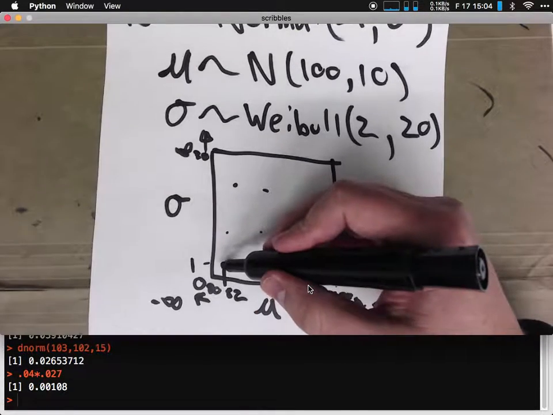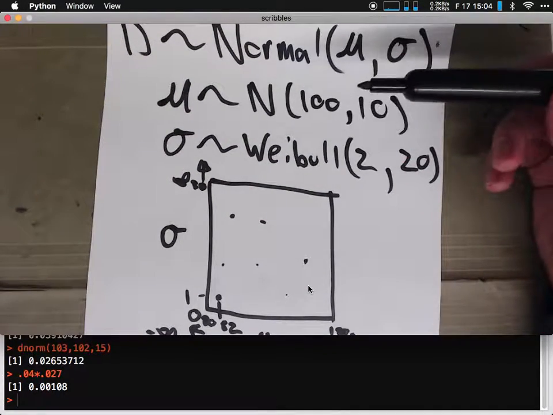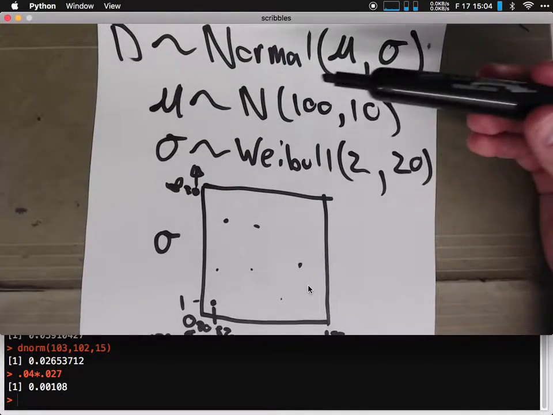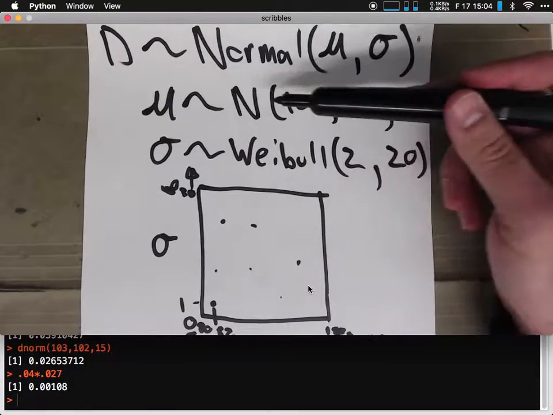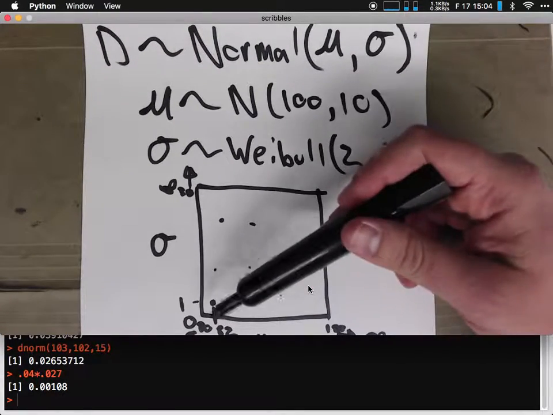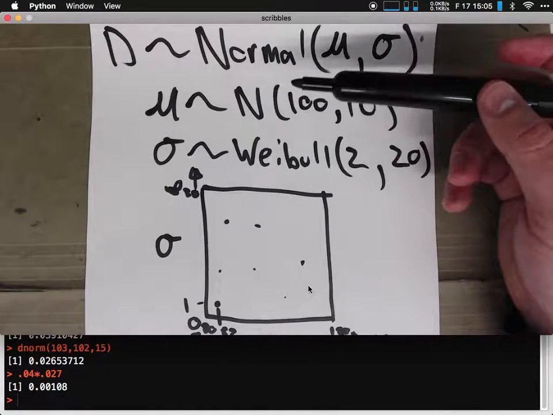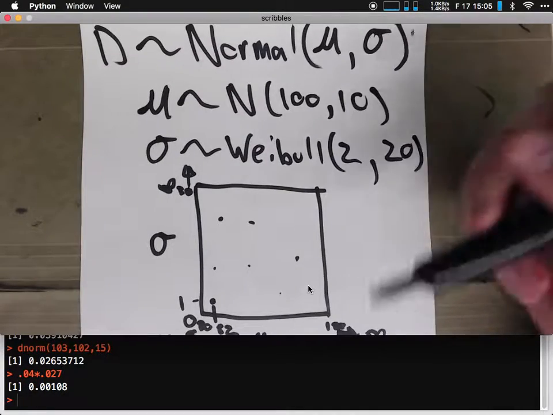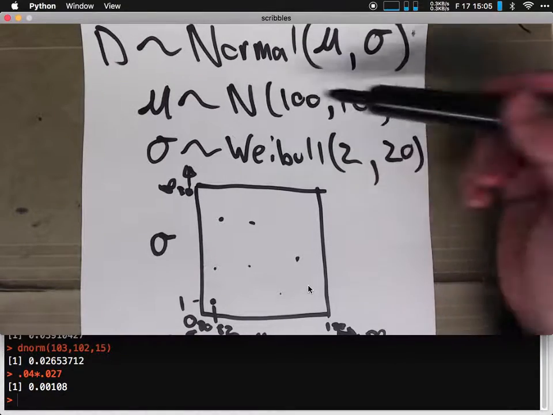If you are expressing the prior that we have been using so far, of independent priors, you can work out what the prior value is for that point by simply multiplying the two: what the height is for the Weibull curve, and what the height is for the normal curve.